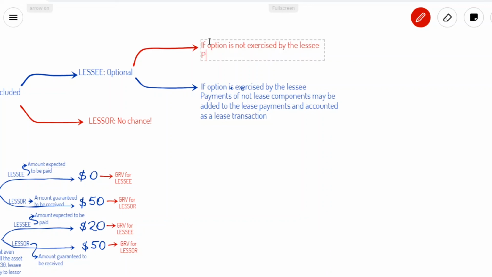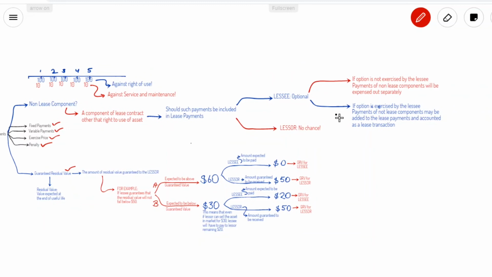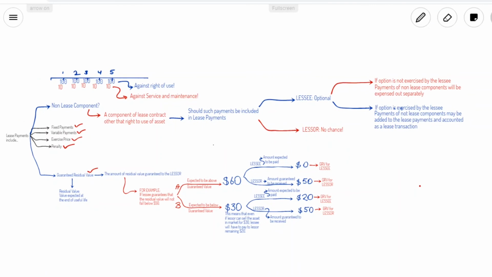Alternatively, a lessee can also choose to treat them separately. So when a lessee chooses to combine those two components into a single lease component, in that case the additional payment, the non-lease component payments, also have to be included into the definition of lease payments.